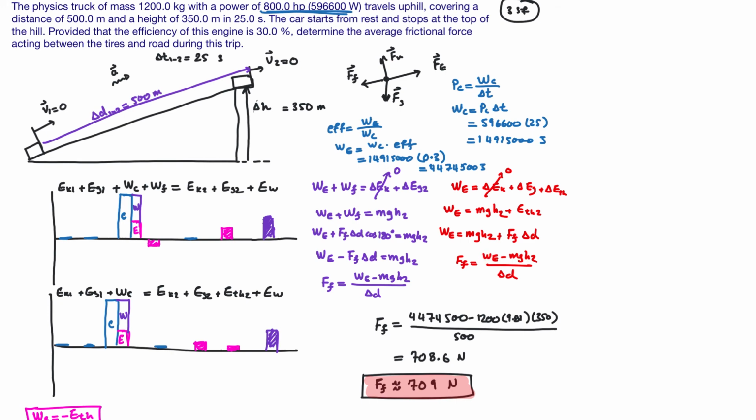We have all the information to find the change in gravitational energy, and then we divide it by the distance, and it traveled 500 meters here, or 500 meters where the tire was in contact with the surface, and that gives us an average frictional force of 709 newtons.